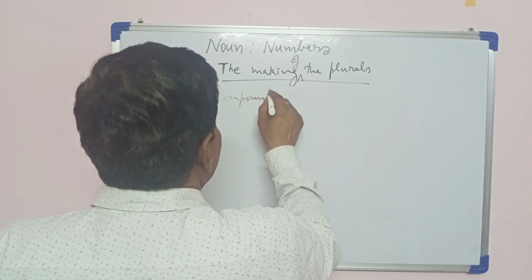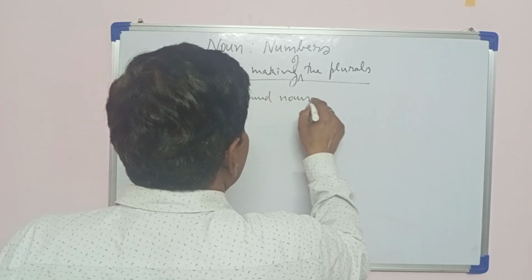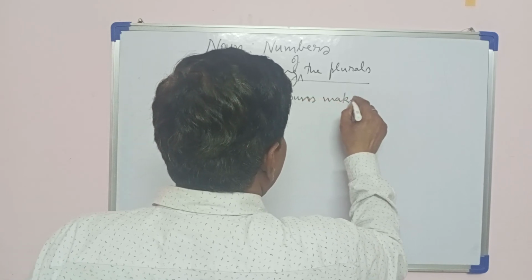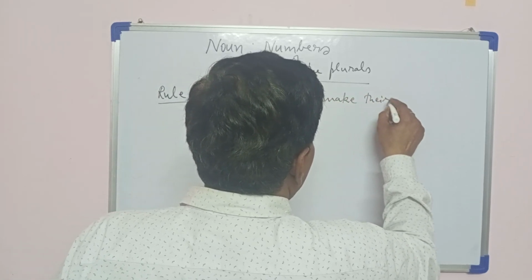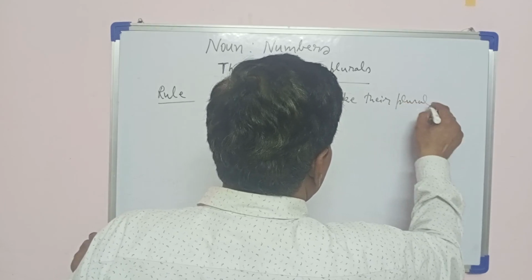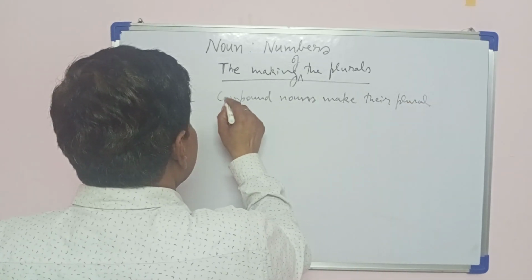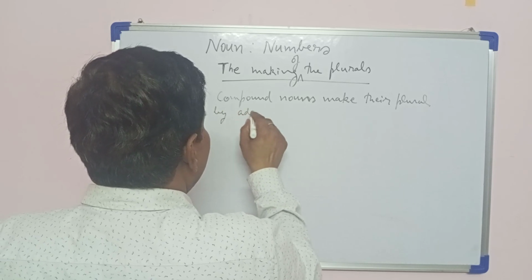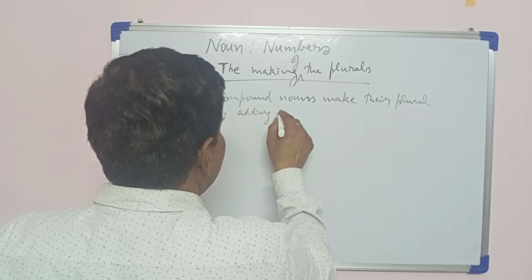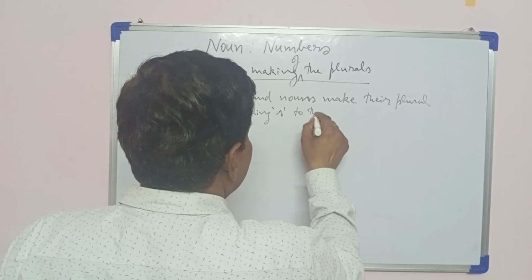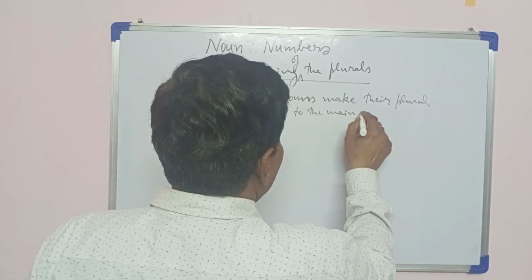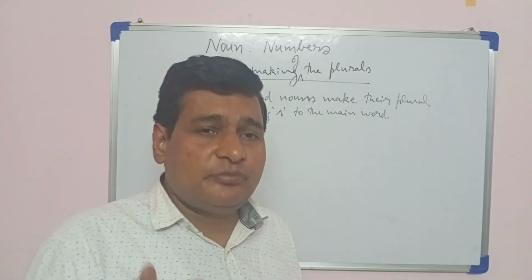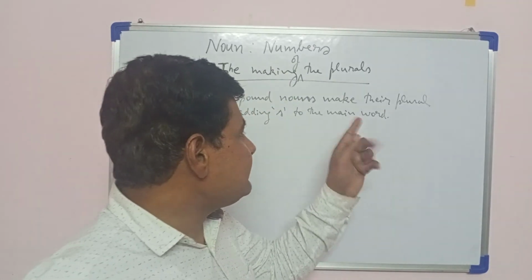Compound nouns make their plural by adding s to the main word. How do compound nouns make their plural? They simply add s to the main word.